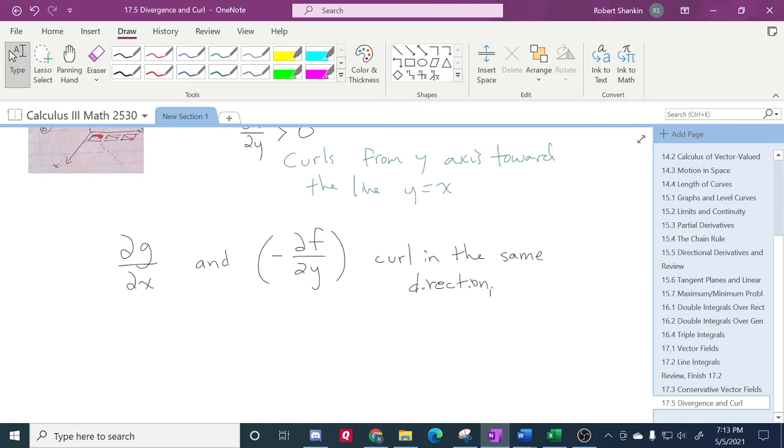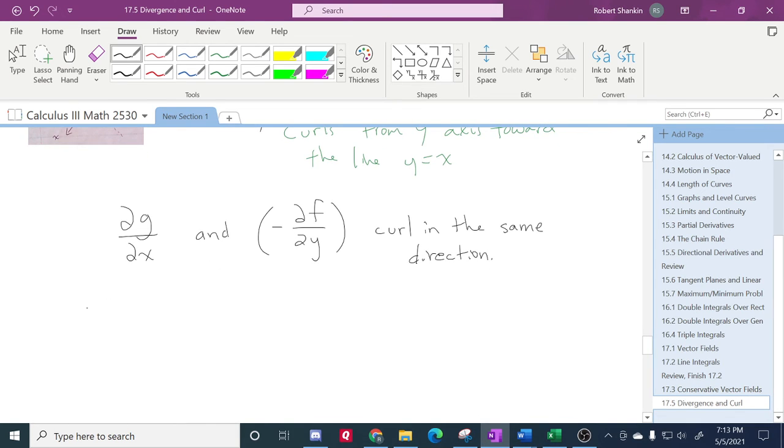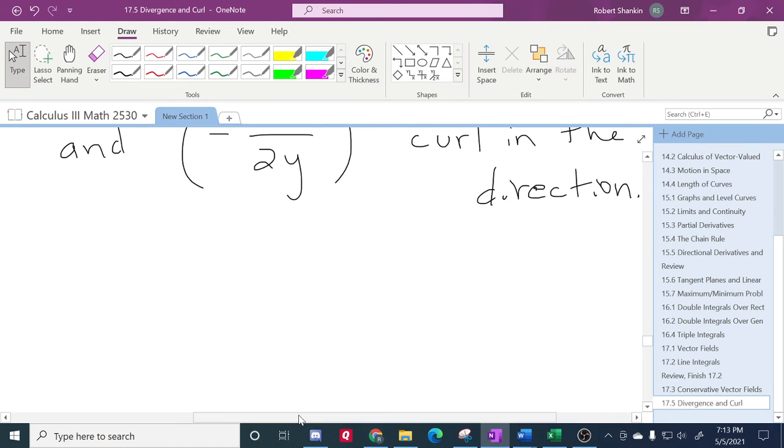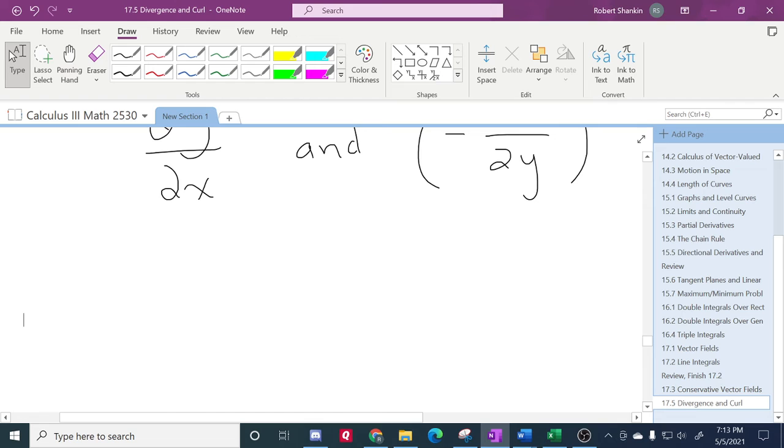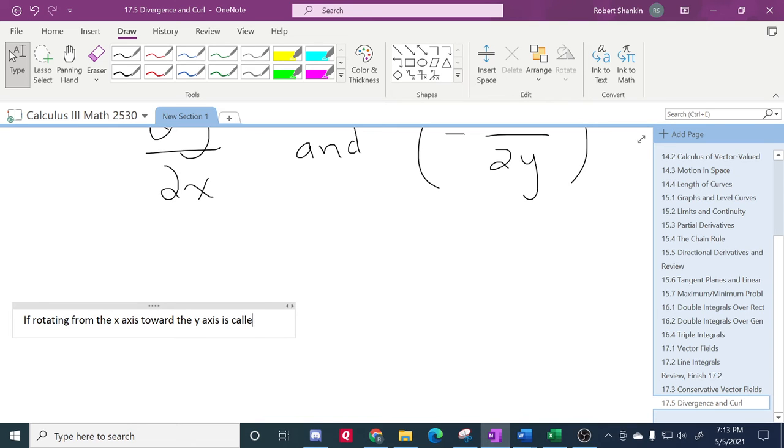So if rotating, let me get to where I type this. Make it a little bit bigger. If rotating from the x-axis toward the y-axis is called a positive rotation.